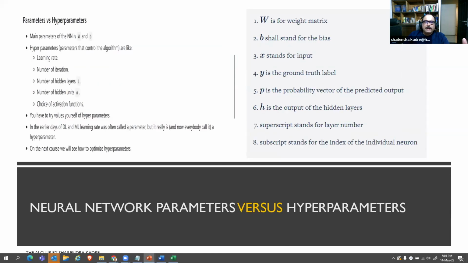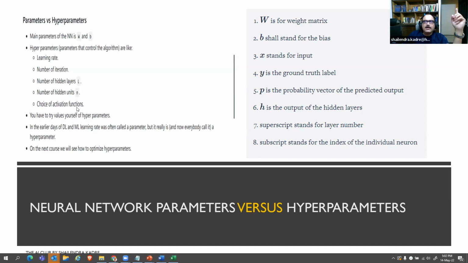So now let us go a little bit more into what are hyperparameters and what are parameters. Weights and biases are parameters. Hyperparameters are the learning rate, the number of iterations, which means epochs, the number of hidden layers, the number of hidden layer units, meaning the number of neurons in the hidden layer, and the choice of activation function.